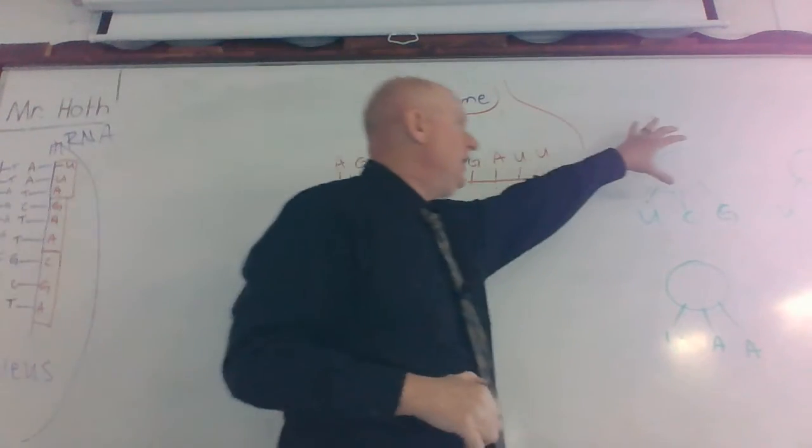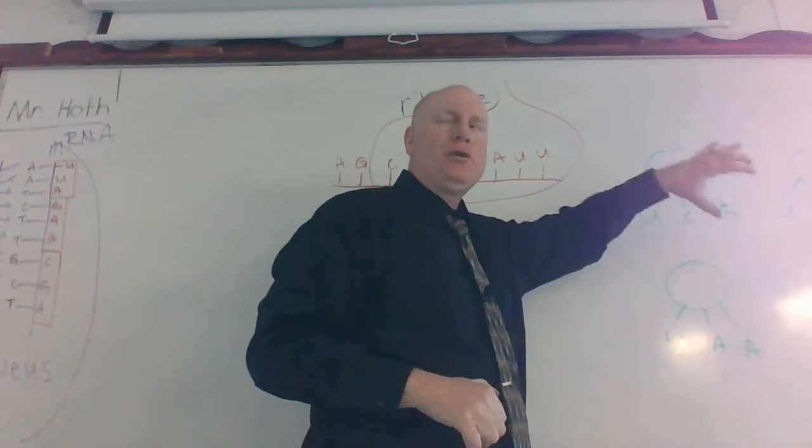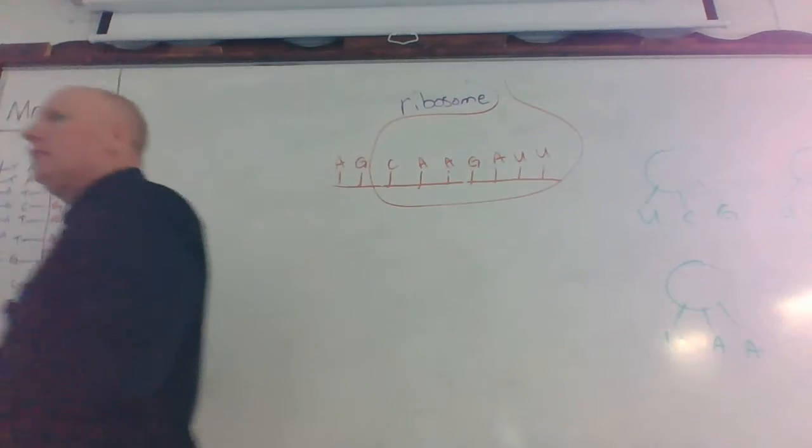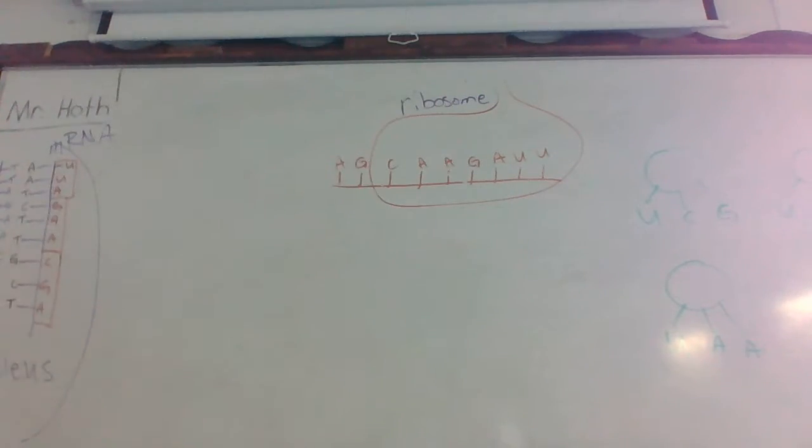So these are called transfer RNA molecules that physically pick up amino acids and bring them to the ribosome. They get placed in the order that they're specified by what's on the code or codon. So, what are those three-letter segments called on transfer RNA? Anticodon.